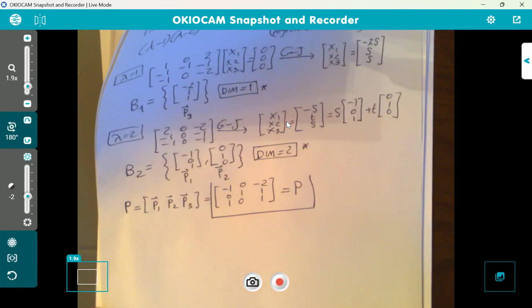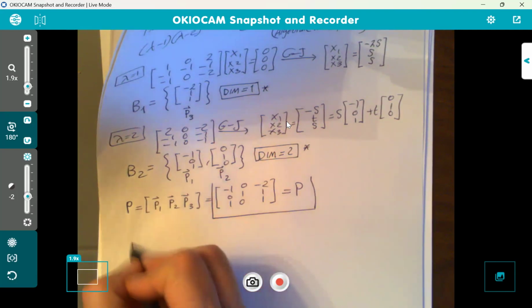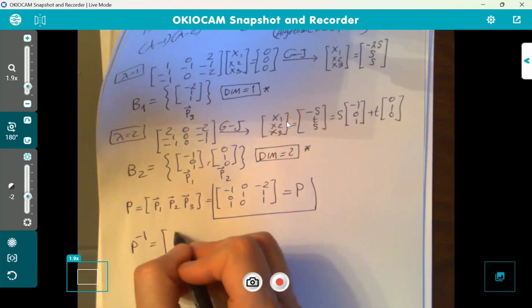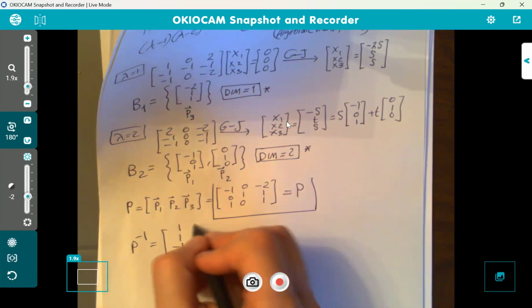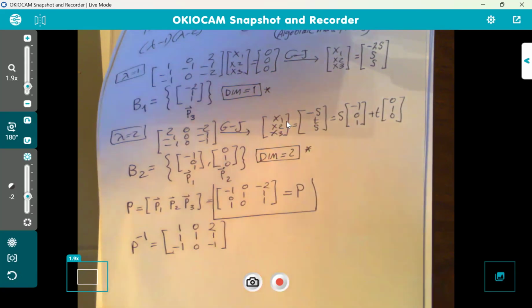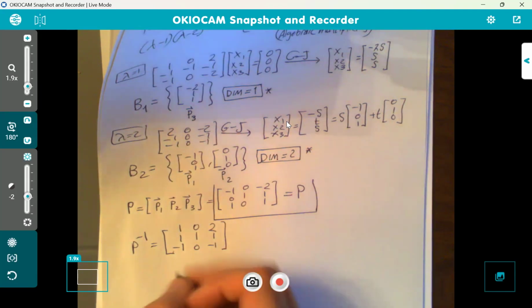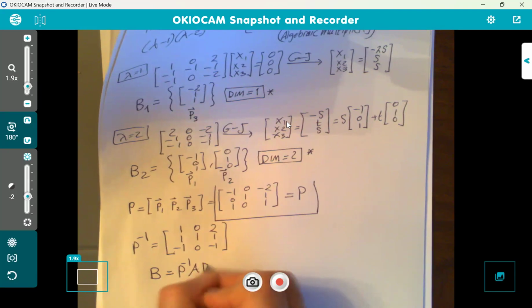Remember, our goal is to find P inverse AP. That's what we want to do. Now, we can find the inverse of this matrix, right? The inverse, I found it from Symbolab. The inverse of this matrix ends up being 1, 1, -1, 0, 1, 0, 2, 1, -1. Okay, and again, I used Symbolab for that. Now, let's call matrix B the similar matrix to A. It's P inverse AP.